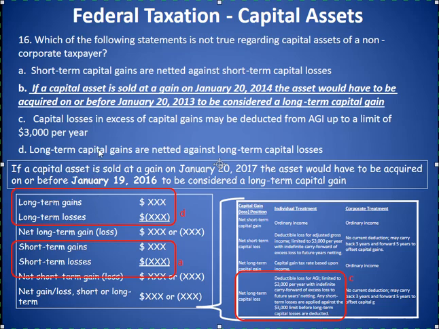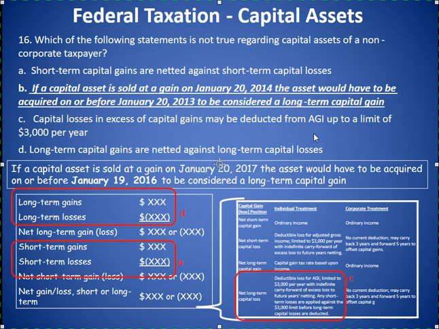Then in item C, capital losses in excess of $3,000 may be deducted from AGI up to a limit of $3,000 per year. That is true in that particular case. Deductions are limited, though you can have a loss greater than $3,000.